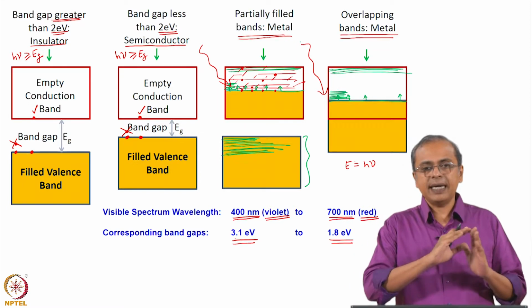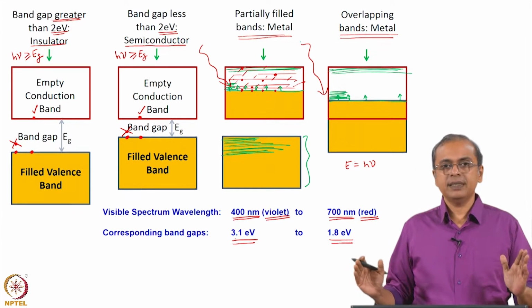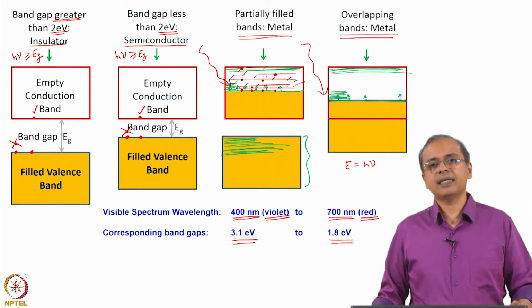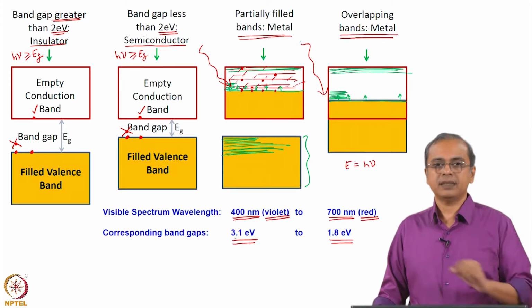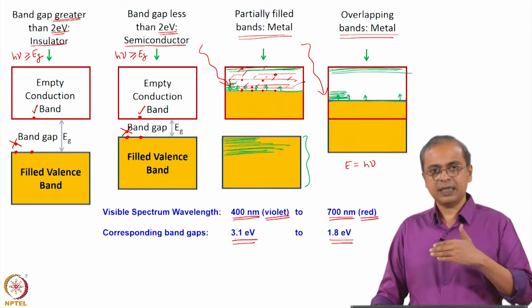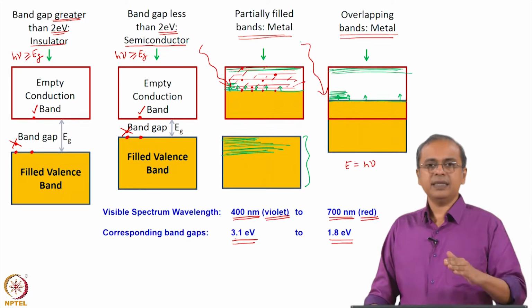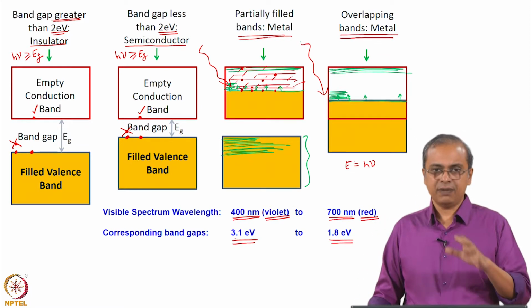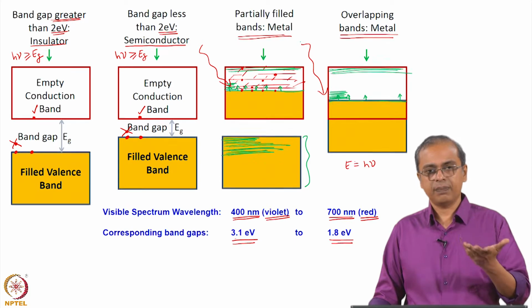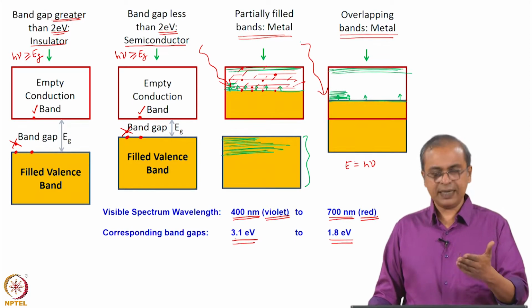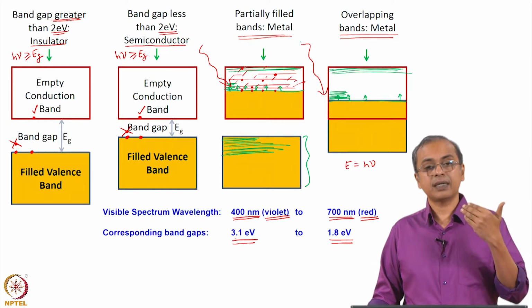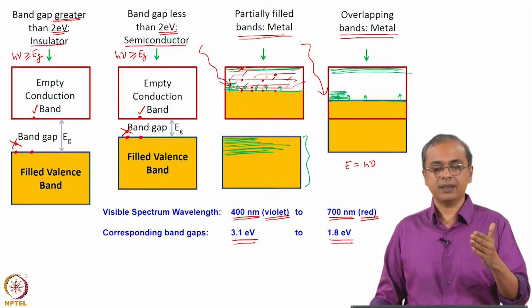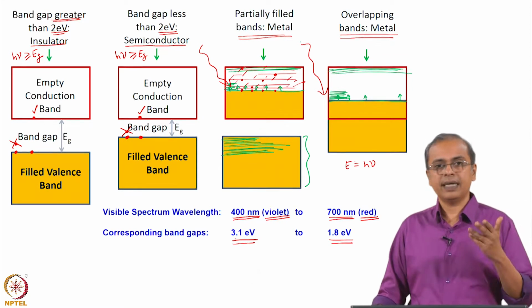So, the entire spectrum of visible radiation that arrives at a metallic surface can be absorbed by that surface, okay, because there is a continuous set of energy levels. This is the reason why metallic surfaces are typically blackish in color, or of that nature. They absorb all light, they are not transparent, at least they are opaque, because all the light that falls on it gets absorbed.